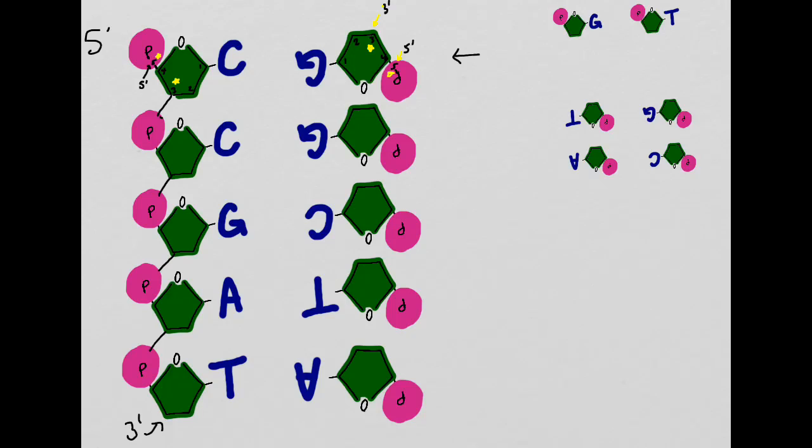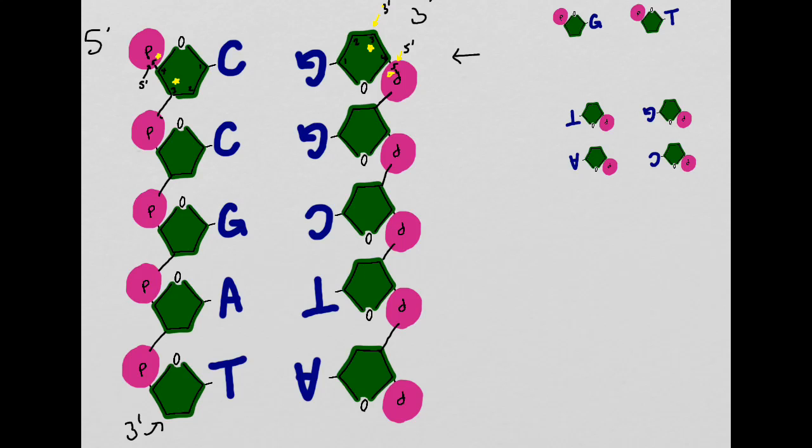All right, so I complemented the strand, but now I have to make the bonds between my sugars and phosphates. So I'm going to go ahead and draw those in. So 3 prime, like that. And look here, we've got our 3 prime carbon up, right there.